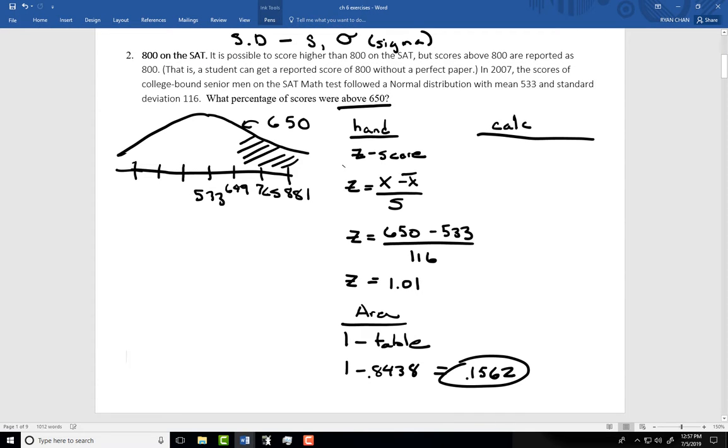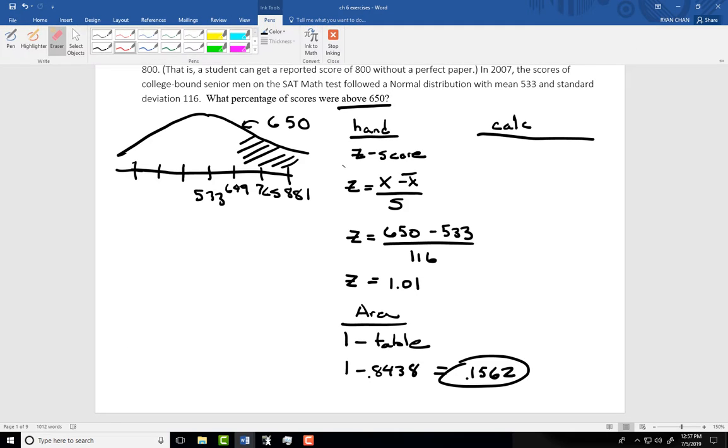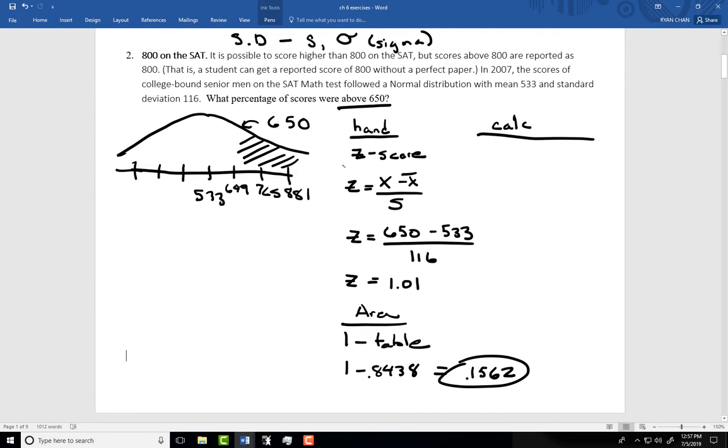So I'm doing normal CDF, lower is 650, upper is 1E99, my mean, which is 533, and then my standard deviation was 116. Because I'm going from smallest to largest, and then mean and standard deviation.